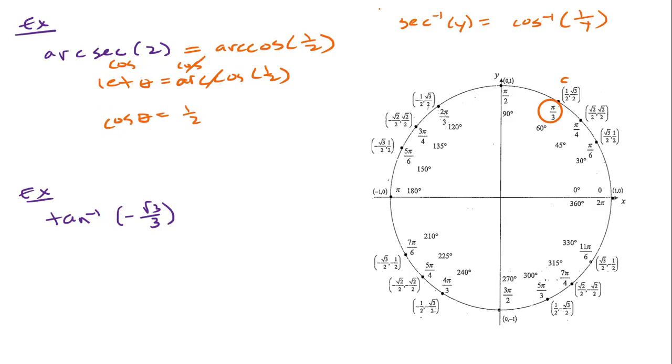This is where cosine is equal to 1/2, and it's also going to be at 5 pi over 3. Okay, so cosine there is also equal to 1/2.